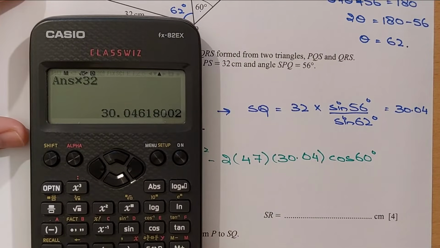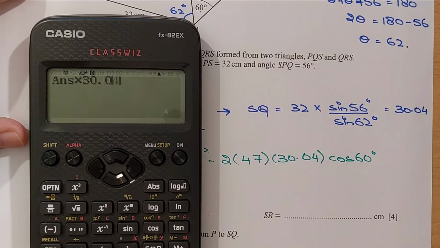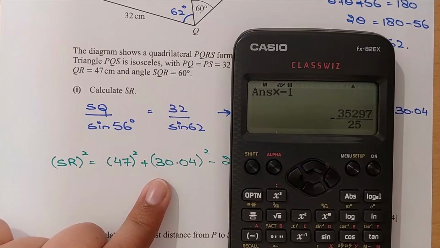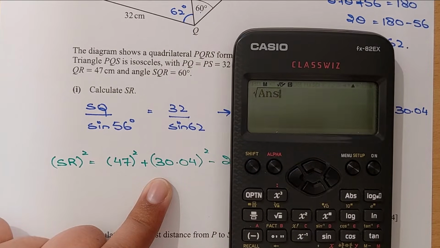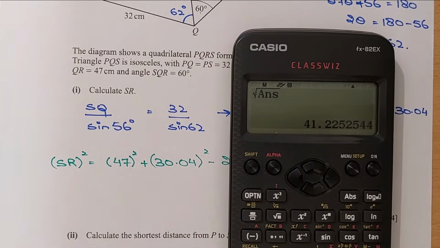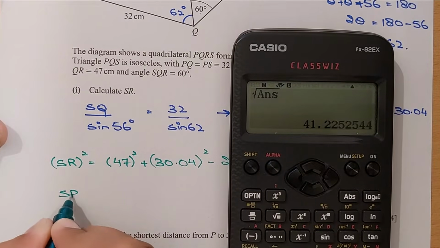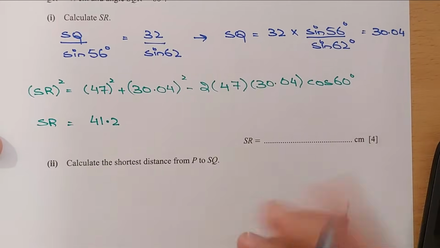First cos 60, times 30.04, times 47, times 2, times minus 1, and then plus 30.04 squared and plus 47 squared, and square root of the answer, that is 41.225. Yes, this is SR, 41.2 centimeter.